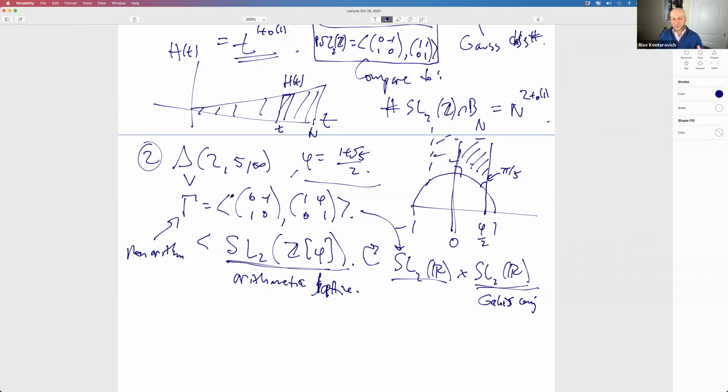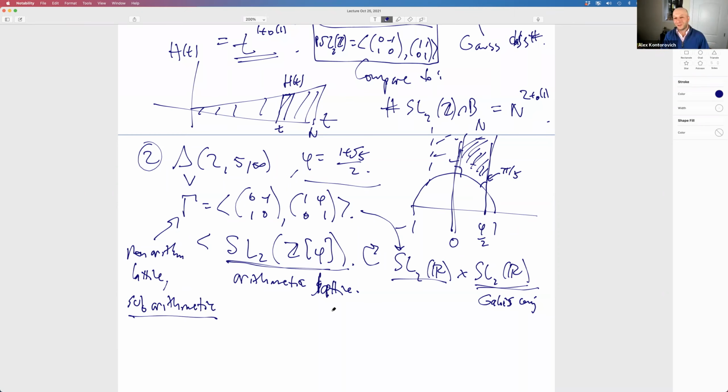But okay, in SL2R, SO21, you can have really non-arithmetic lattices. It is a lattice. It is a finite volume quotient. This triangle has finite area, but it's sub-arithmetic, because it's contained in an arithmetic group. So at least we know something about its traces.